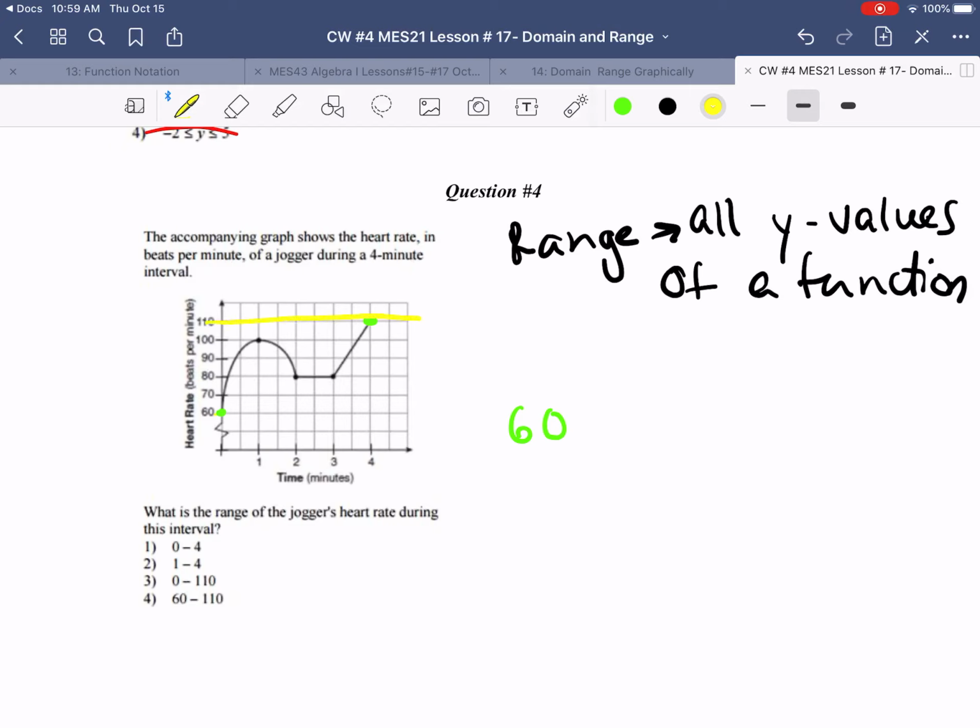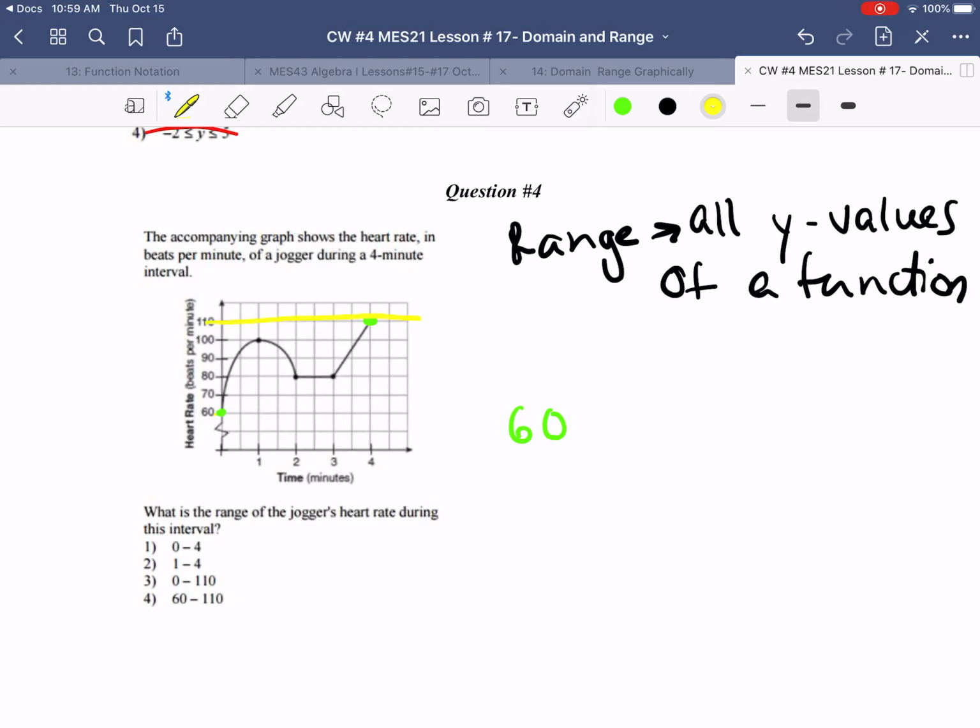And I just put my symbols here, which means y is less than or equal to 60. I mean greater than. I always get confused also. Y is greater than or equal to 60, and it's less than or equal to 110. So what is the question asking us? What is the range of the jogger's heart rate during this interval? So we have to look.